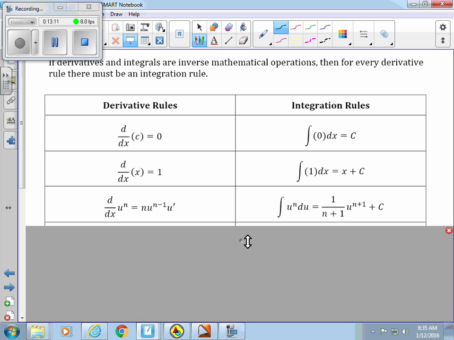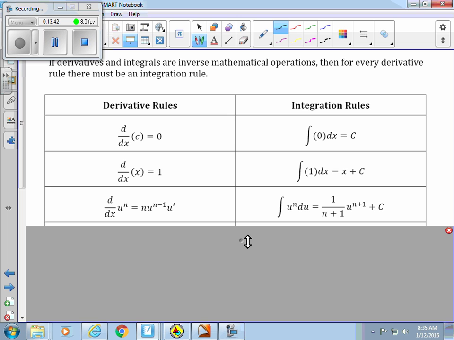So this is the power rule. You just took this on your gateway exam last Friday, right? The power rule for derivatives is that you bring the power down, reduce the power by 1, right? In integration, you raise the power by 1, and you divide by that new power.